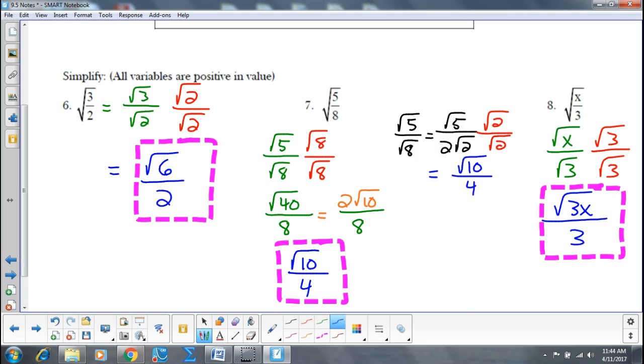My preferred method, I will do in the purple, is you've got the square root of 5 over the square root of 8, right? I'm going to multiply by the square root of 2 over the square root of 2. Now, why did I choose that? Because that's 1. But what's the square root of 8 times the square root of 2?